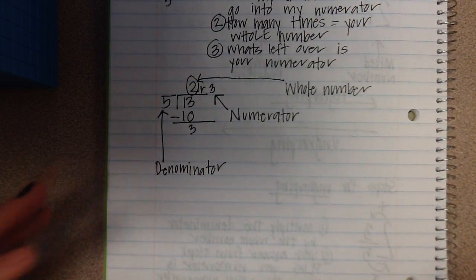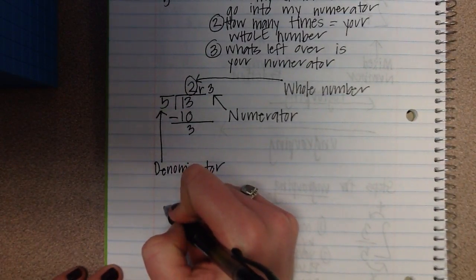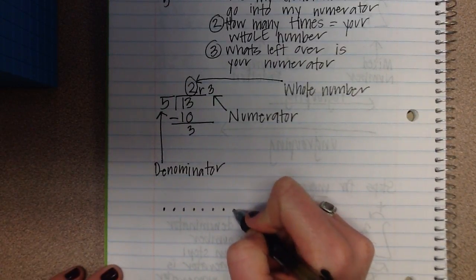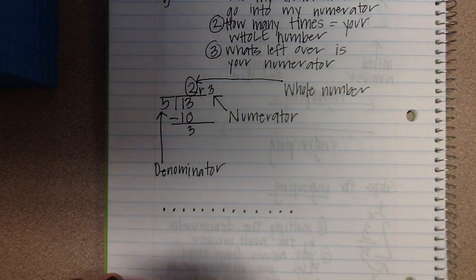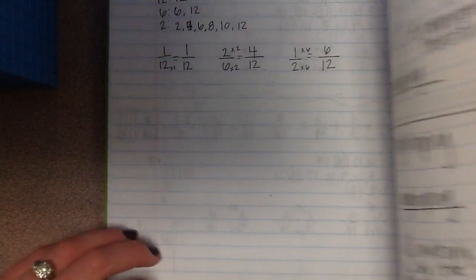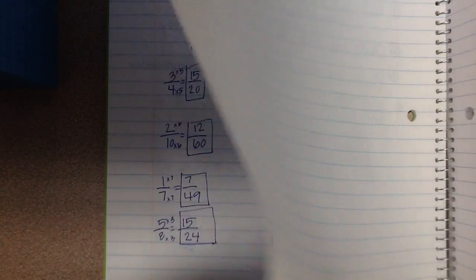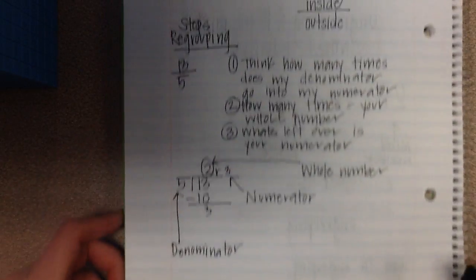For example, another way you could do it is 1, 2, 3, 4, 5, 6, 7, 8, 9, 10, 11, 12, 13. Okay, I drew my 13 because if you remember, where did we talk about it? We talked about it somewhere, but we'll add it here again.